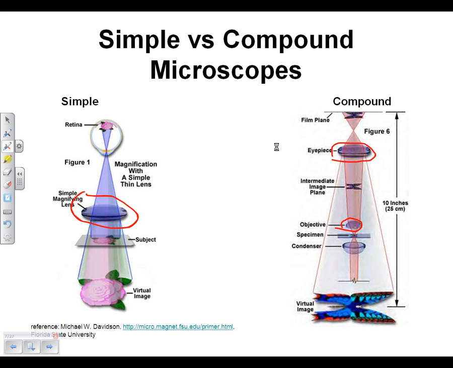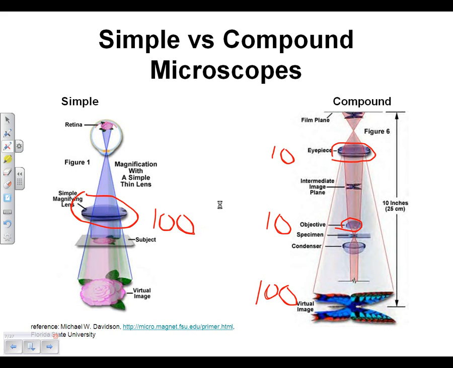So if this one down here is 10x, and this one is 10x, then the total magnification is 100. To get the same thing in a simple microscope, this lens by itself has to be a 100x lens, which is a little harder to do and harder to get light through.